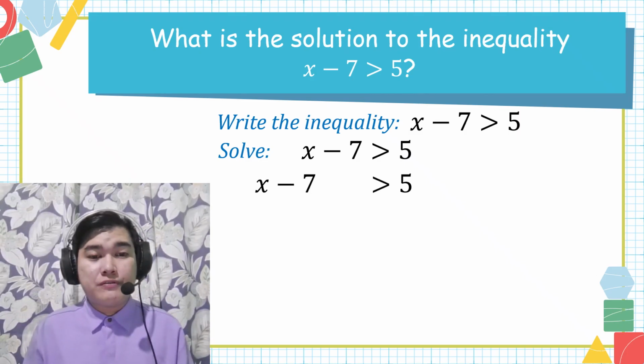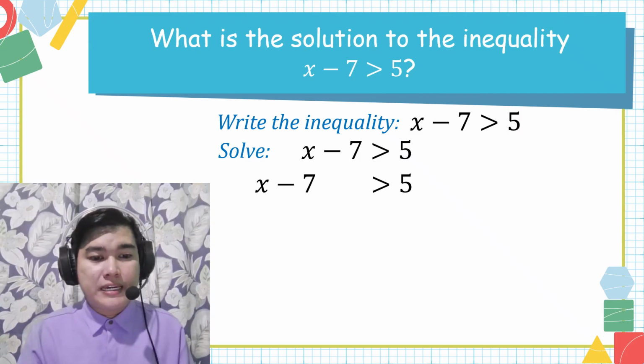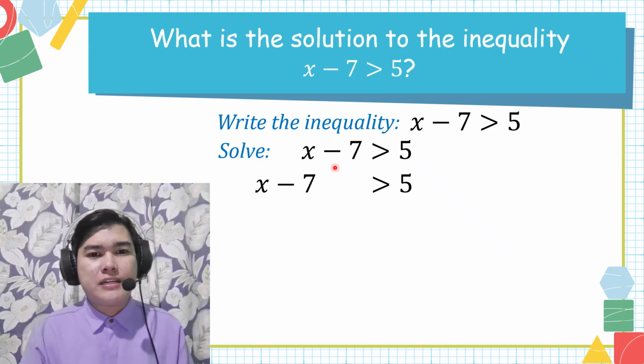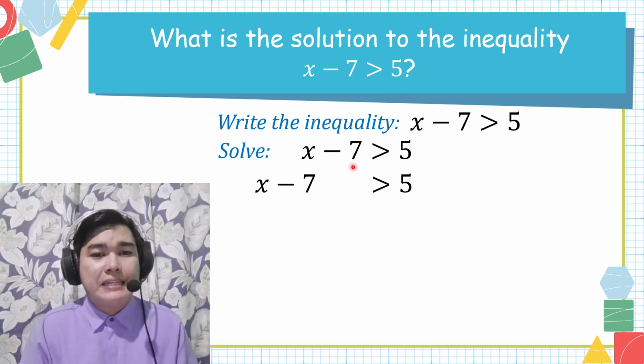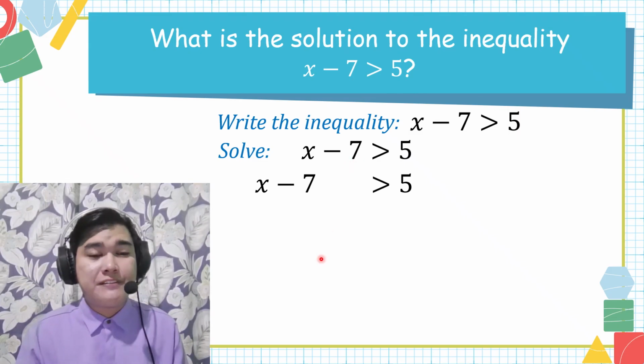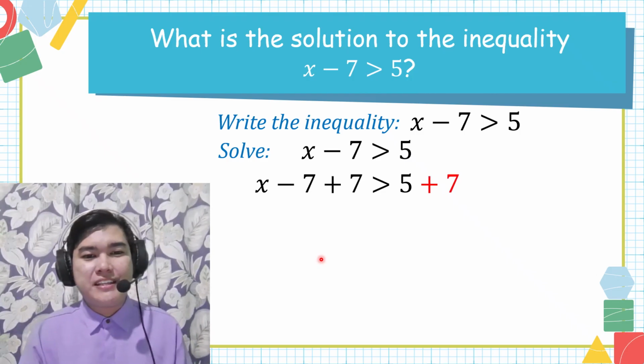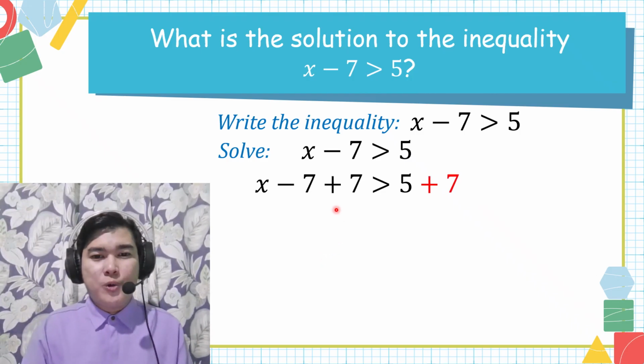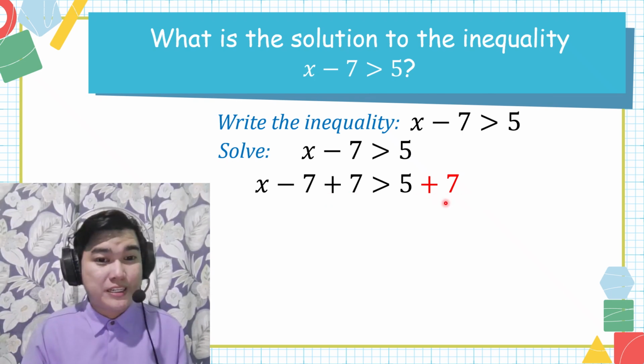We are going to solve for the value of x. So meaning to say, we will remove negative 7 in the left side of the inequality. So let's find the additive inverse of negative 7. All right, the additive inverse of negative 7 is positive 7. We need to add positive 7 to both sides of the inequality.